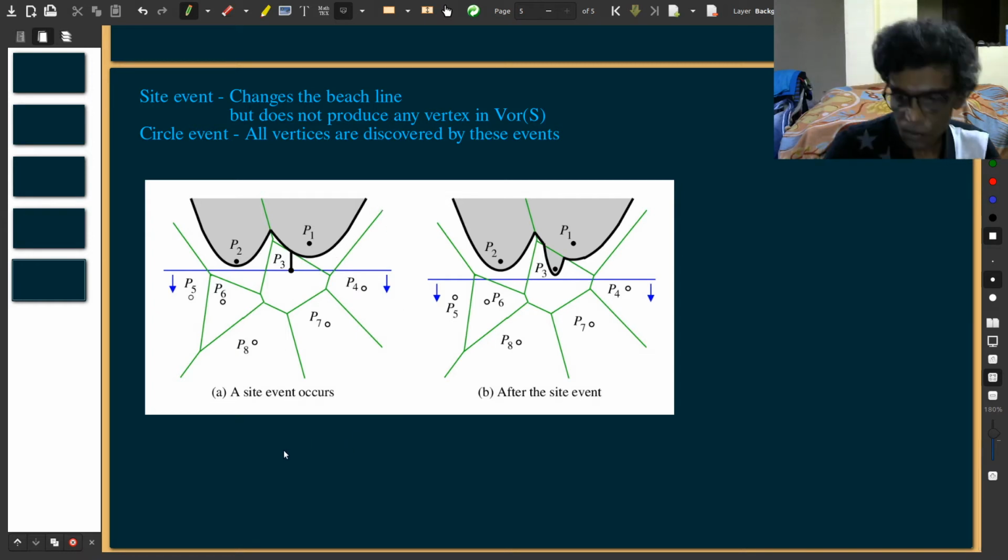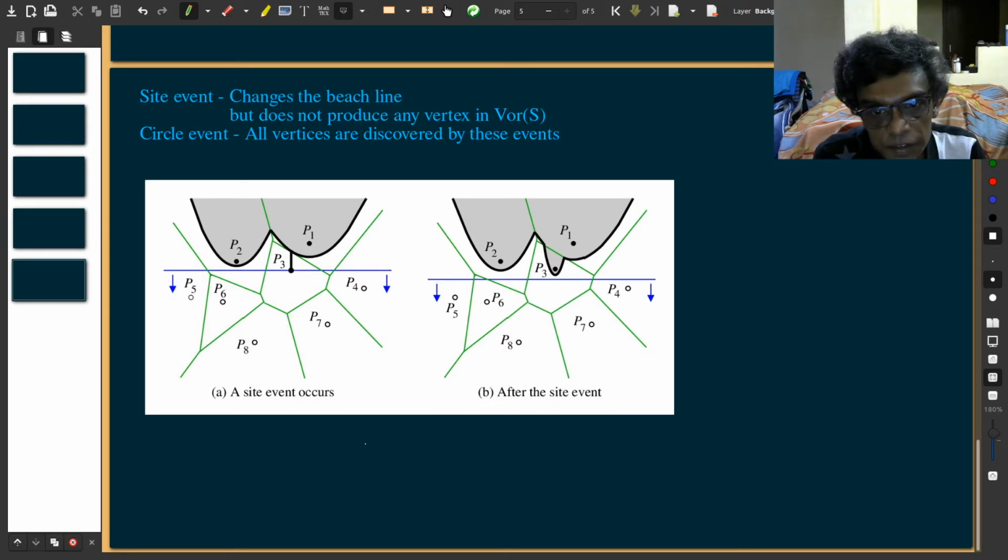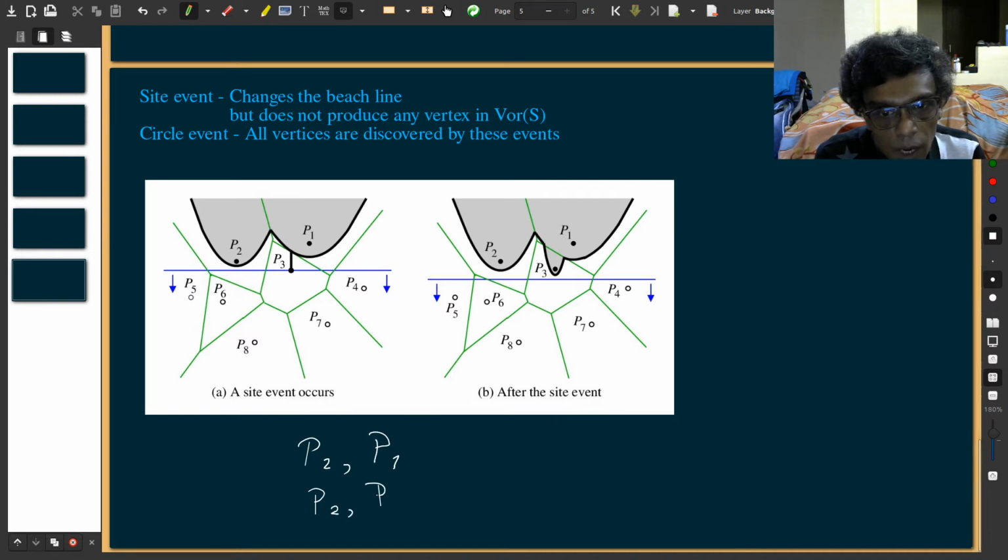So earlier the listing on the beach line was P2, P1. After the site is encountered, this will be P2, P1, P3 and again P1.